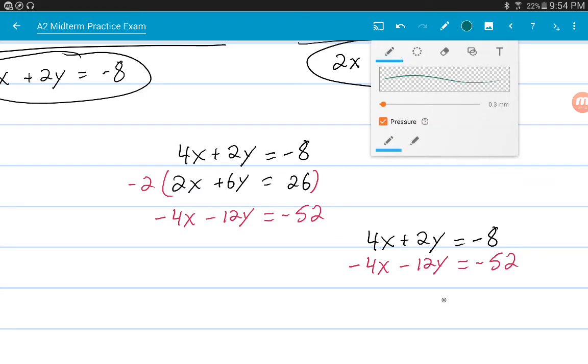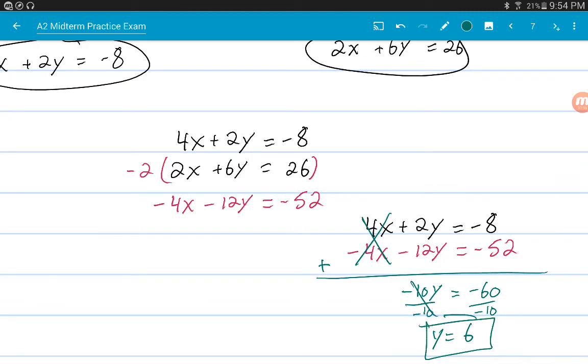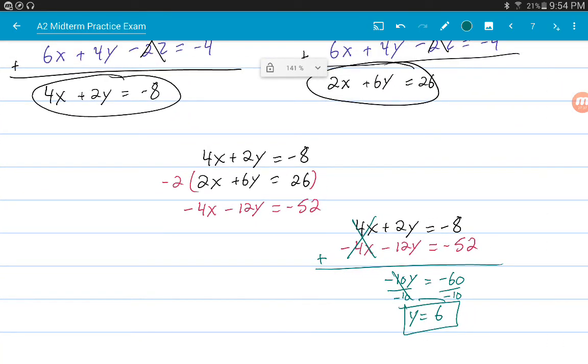When I add these together, the x's cancel, 2y plus negative 12y is negative 10y, and negative 8 plus negative 52 is going to be negative 60. Divide both sides by negative 10, and you get that y is equal to 6. That's the first of our solutions, so that's really big. We got a letter, okay?